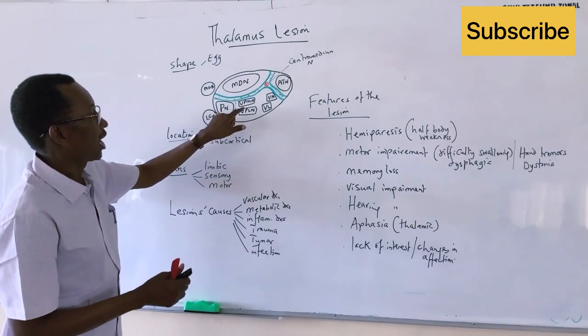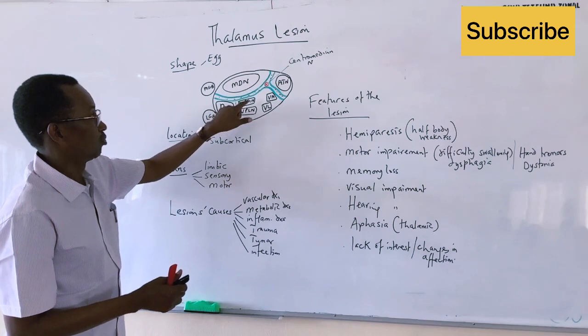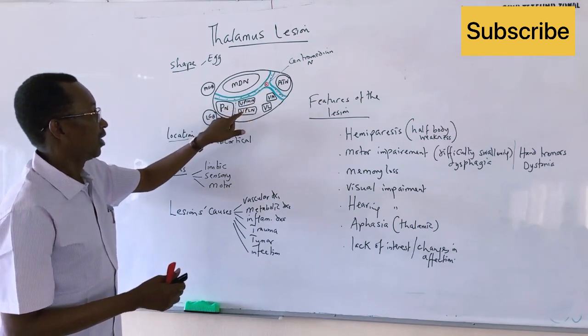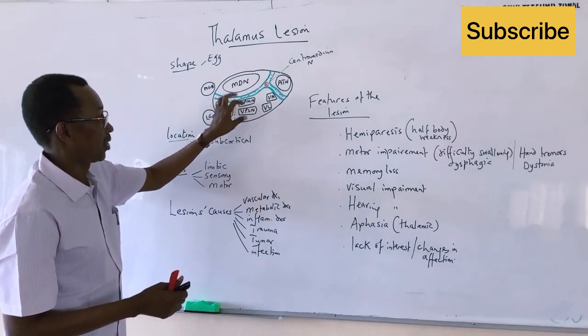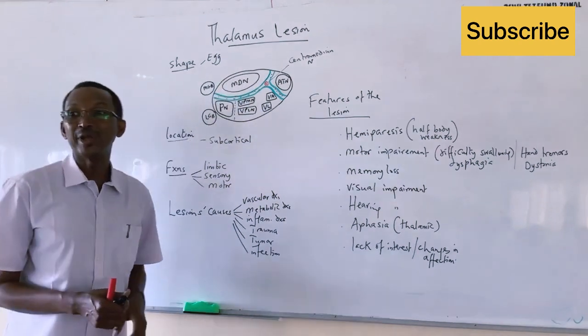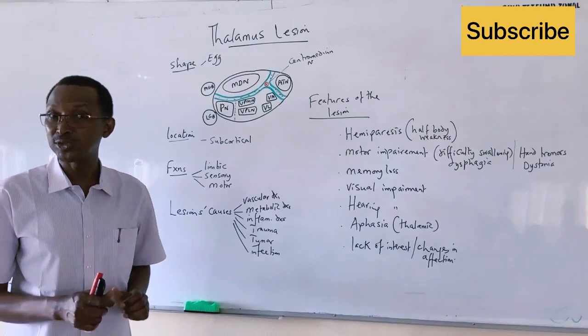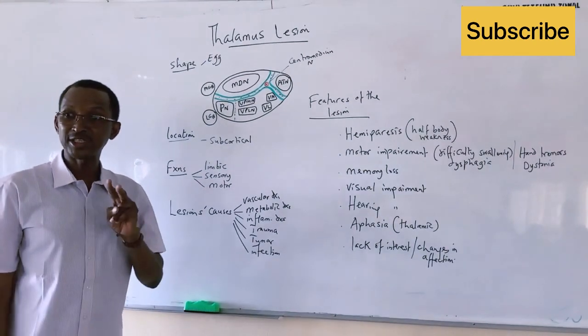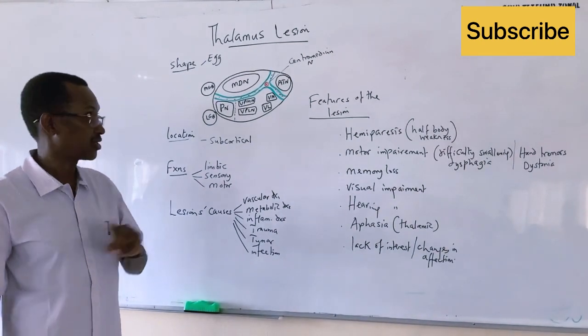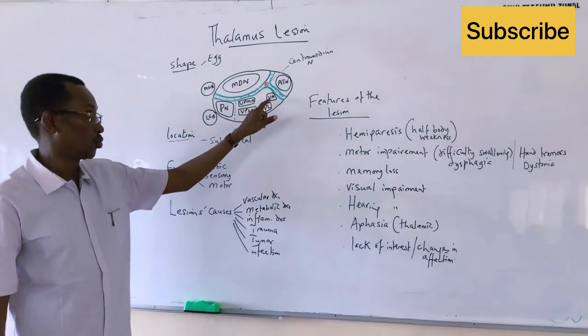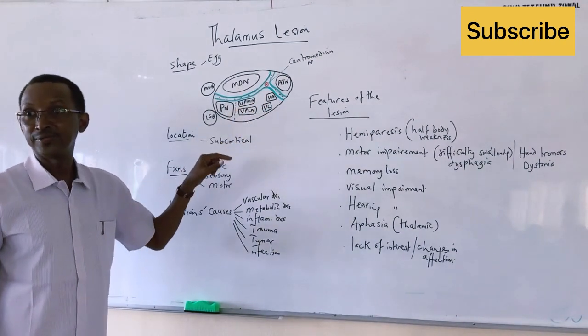We also have the ventroposteromedial nucleus and ventroposterolateral nucleus of the thalamus. These two thalamic nuclei are responsible for the sensory functions of the thalamus. So the thalamus has three important functions: limbic function, motor function, and sensory function.